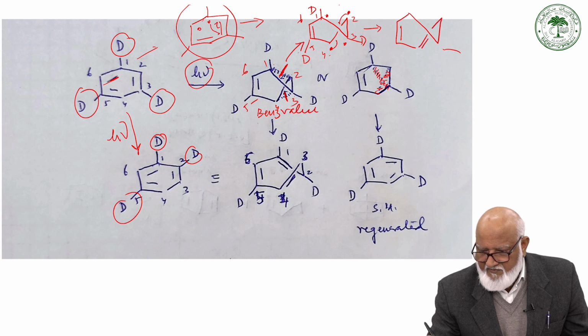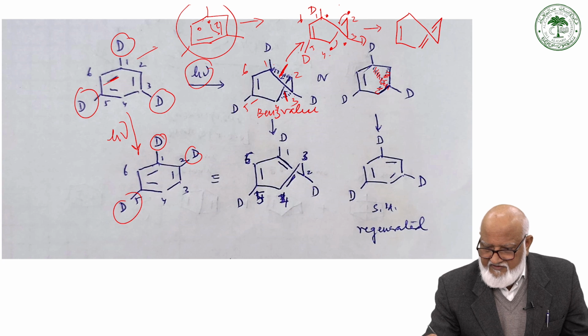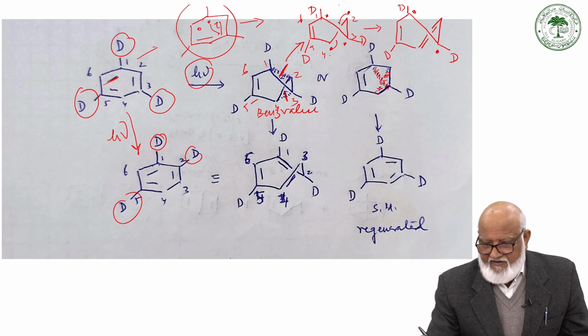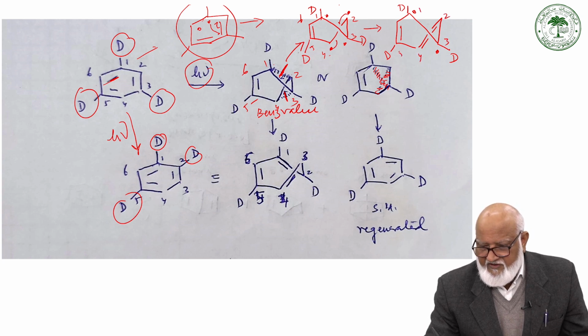So we are just forming a double bond here, right? And still this diradical remains. This is deuterium, D, and D, right? And then the numbering 1, 2, 3, 4, 5, 6.